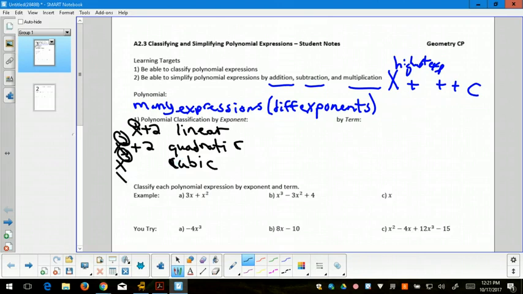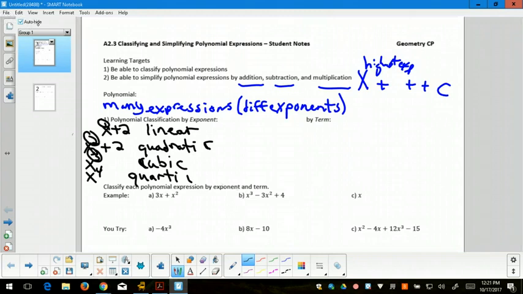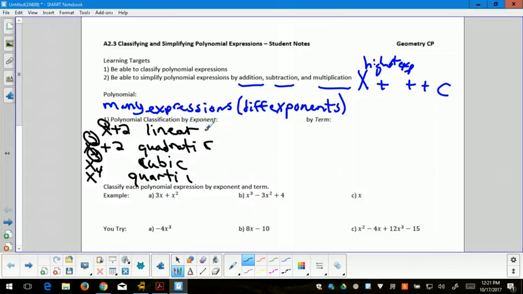X to the 4th is a quartic polynomial. So the 5th would be quintic and so on and so forth. We're not going to go much higher than those 3. So wow, I moved my arm and hit the screen here. All right, so the first one's linear, second one's quadratic, third one's cubic, fourth one's quartic. Like a quart with an IC on the end of it.